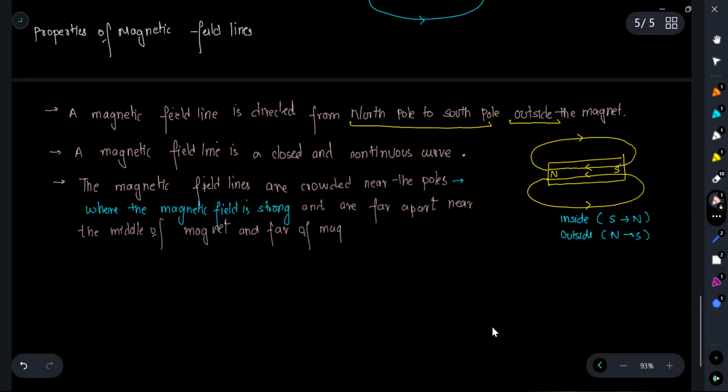अभी समझेंगे इस point को, where magnetic field is weak.